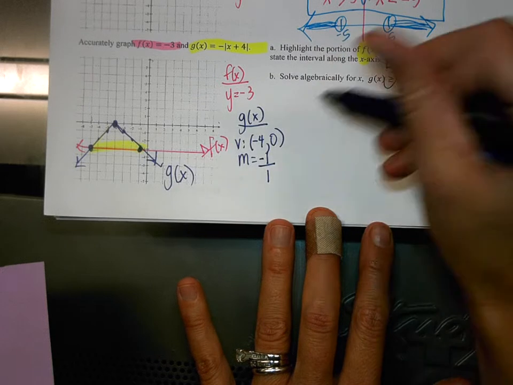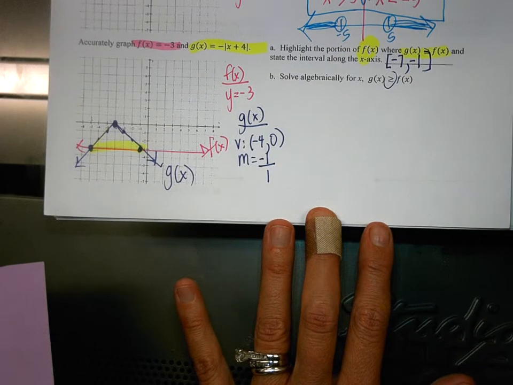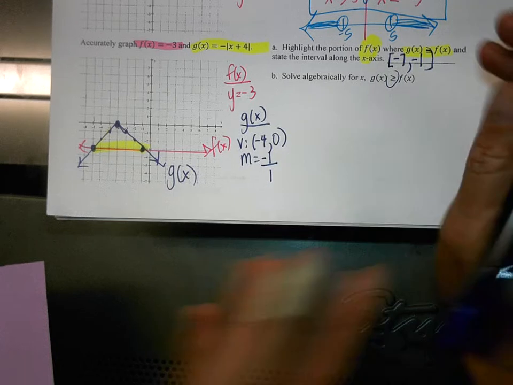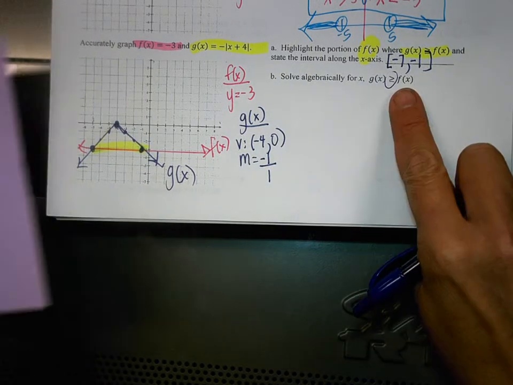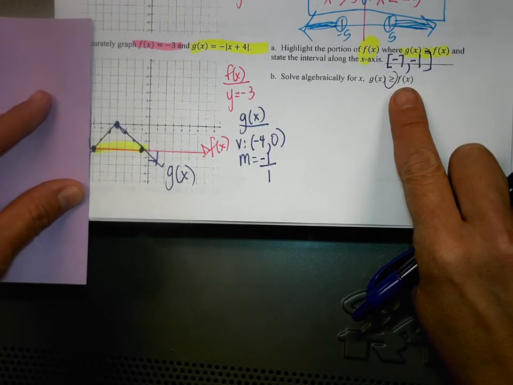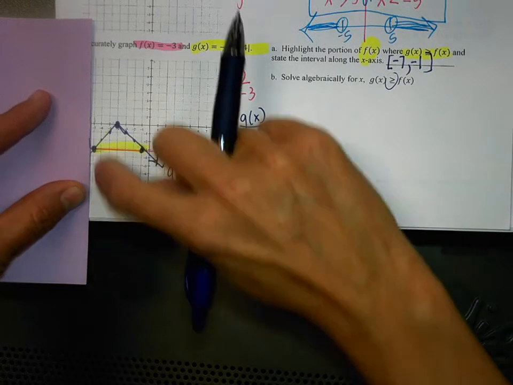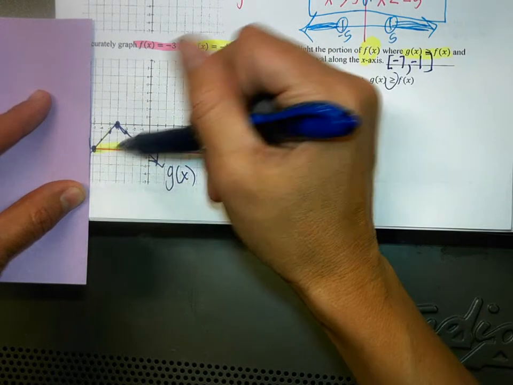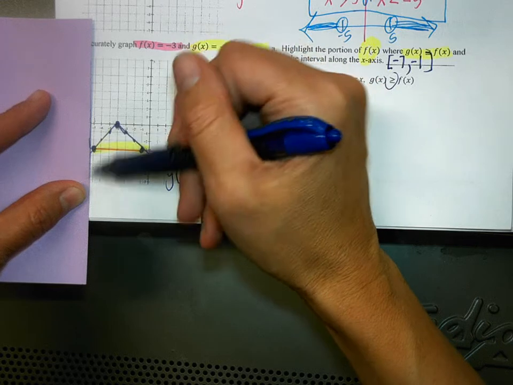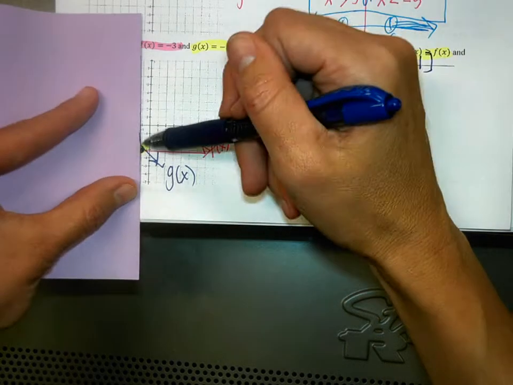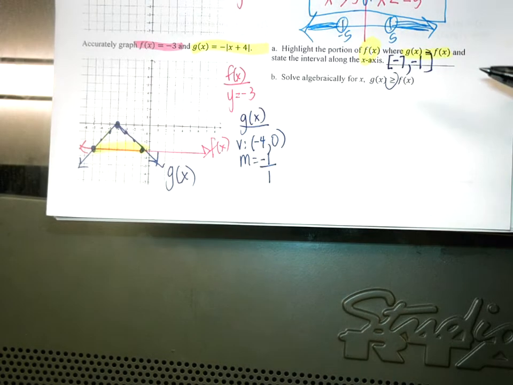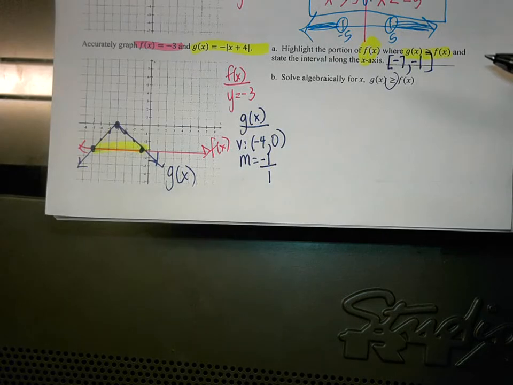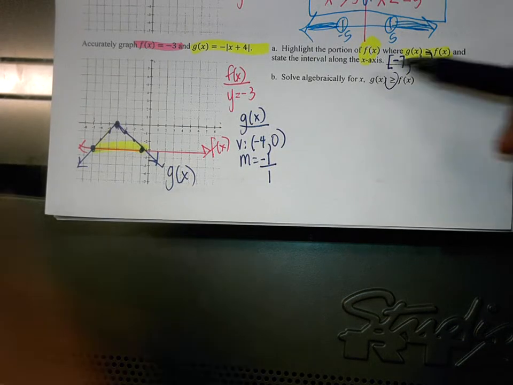Brackets. Ask me a question, Lily. Do you have a question? Okay. When you're writing your intervals, it's your domain. Do you see how this domain is at -7 here? The highlighted portion, we're just looking at the highlighted portion, -7 to -1 on your domain. Better? Okay, we're going to solve it algebraically.